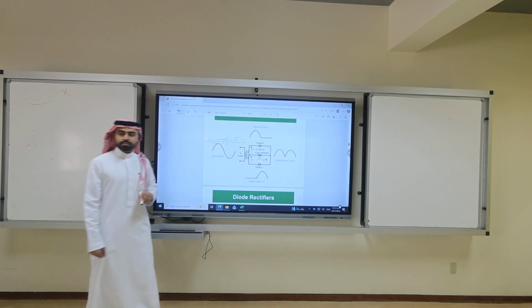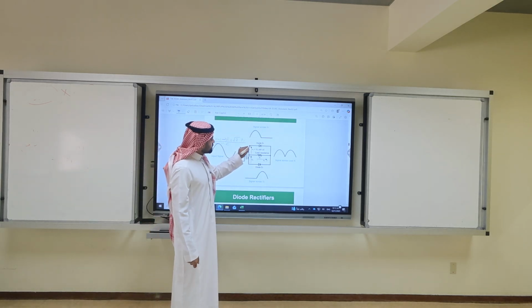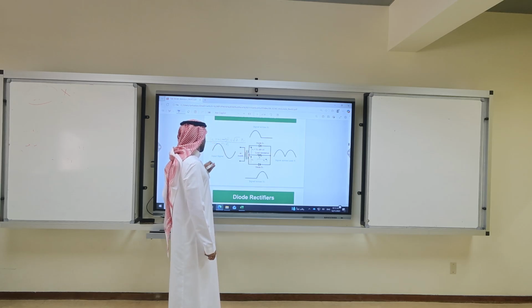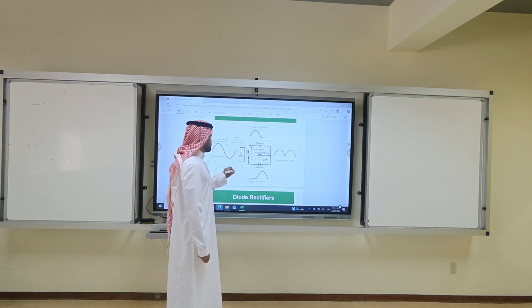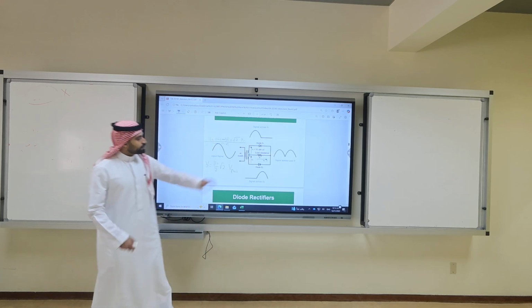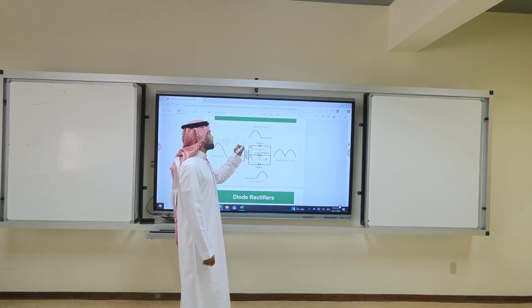You agree with me? Yes. Okay. So what is the voltage Vs? Vs is 110 over 2 square root of 2 V peak, right? Yes. Half of it. Let's say the ratio here, A, is 1.